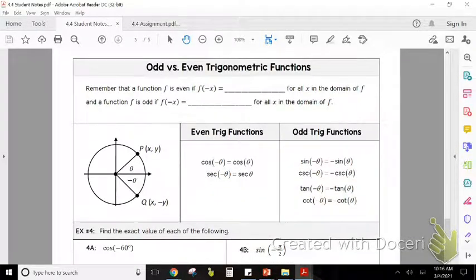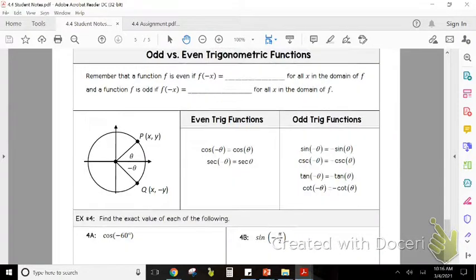All right, and then the last part here is even and odd functions, okay? So we talked about even and odd functions back when we talked about regular algebraic equations. So it says, remember that a function f is even if f of negative x is equal to f of positive x for all x in the domain of f. So this is where we had plugged in negative x, we simplified the algebraic equation or expression, and we said if it was the same, it was even, okay?